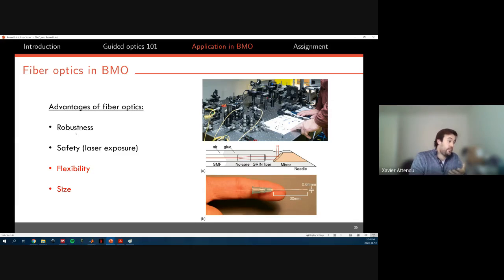And finally, probably the two biggest advantages are flexibility and size. I don't know if you've ever had the chance to touch an optical fiber, but a bare fiber is around 100 to 125 microns in diameter. That's about the width of a human hair.